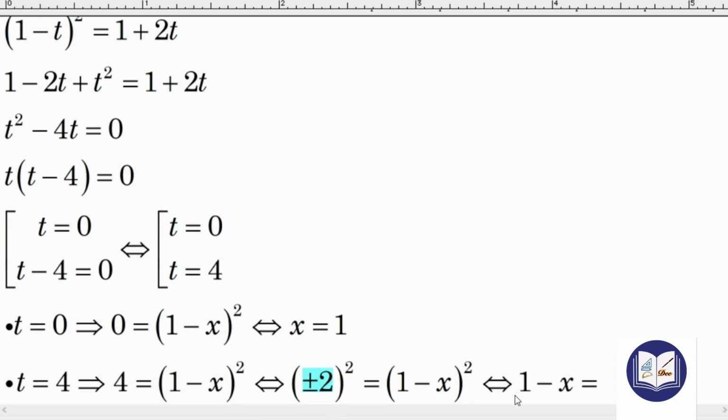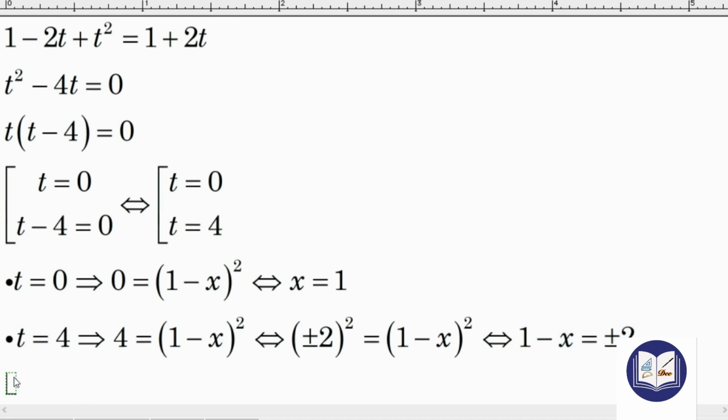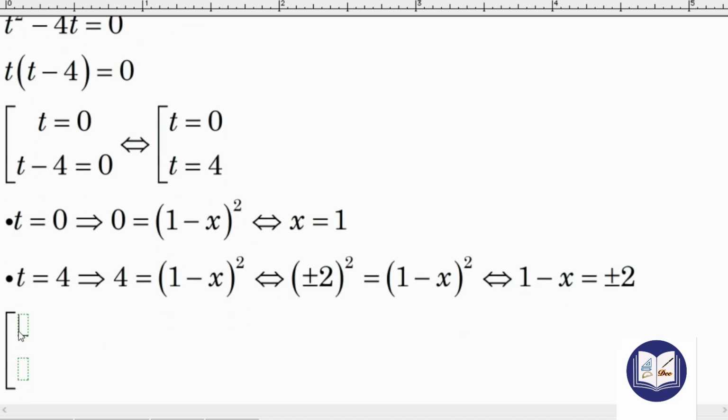Then we can find the values of x separately: 1 minus x equal to 2, and another, 1 minus x equal to minus 2.